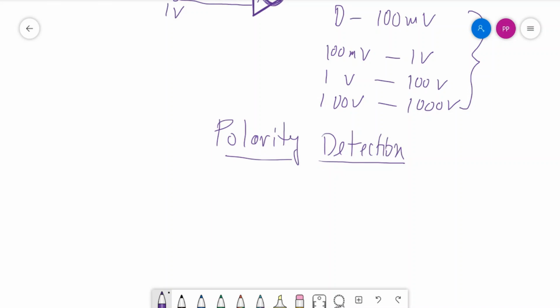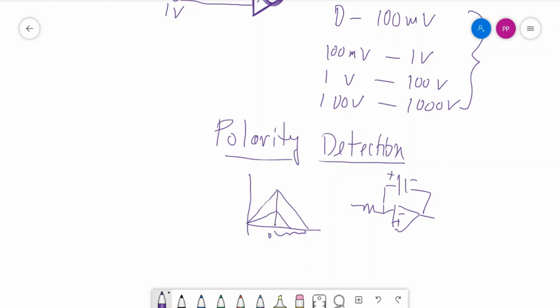So as we had discussed, the dual slope A to D converter, where we had seen that the voltage is applied to the integrator circuit. If you remember, we have the op amp with the integrator circuit. So this voltage across the op amp is given for a fixed period of time. So for a fixed time we are giving different voltages, and then it is discharged freely so that we can add up the counter here.